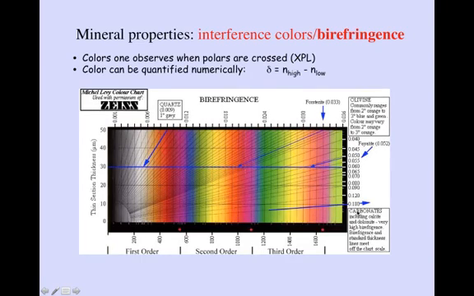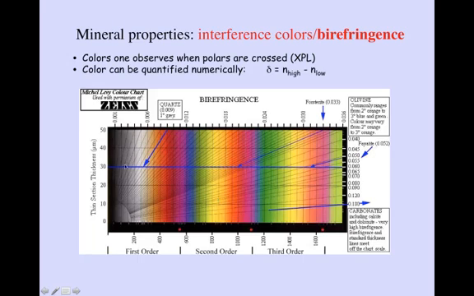Those are numbers that you will see listed in textbooks or reference texts on optical mineralogy. You're never going to tell me the birefringence of a mineral you're looking at in XPL down a microscope. You're never going to give me a number for that. You're only going to give me the interference color.